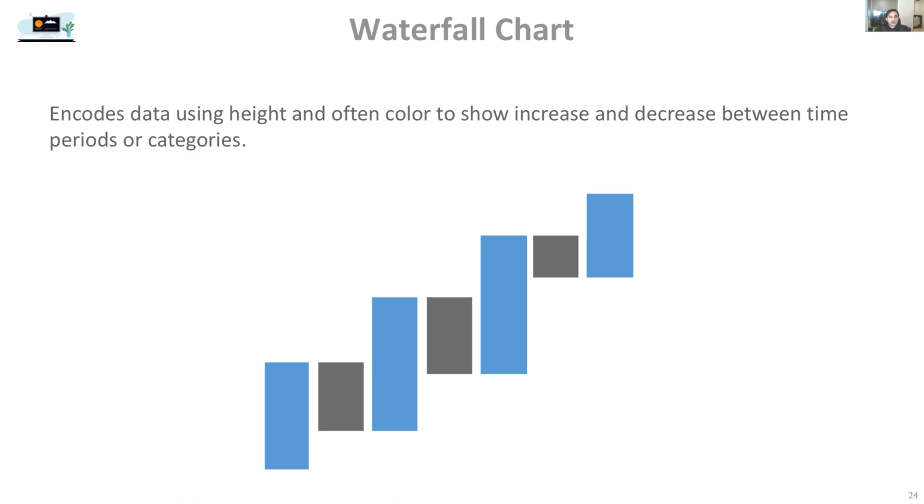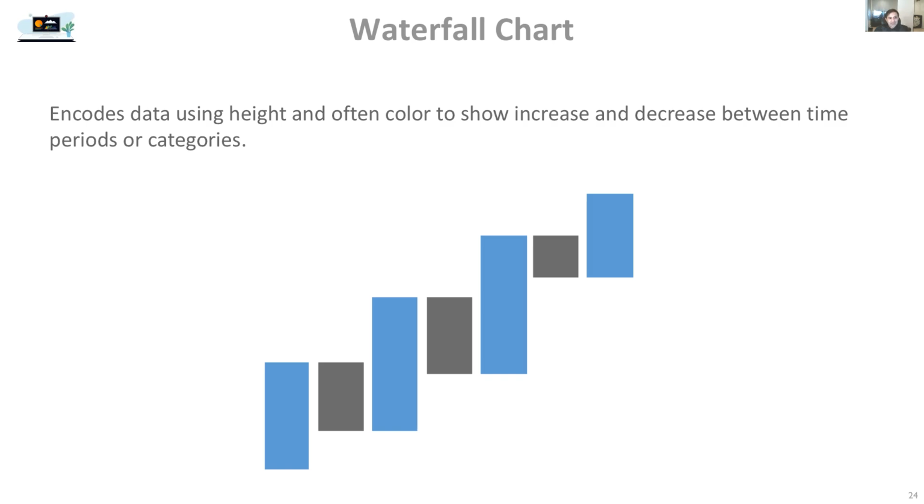Waterfall charts are used to visually illustrate how a starting value of something evolves to become a final value. For example, let's say a beginning monthly balance in our checking account undergoes some changes until it becomes the ending balance in that month. Waterfall charts use height and often color to encode data, showing increases and decreases between time periods or categories.